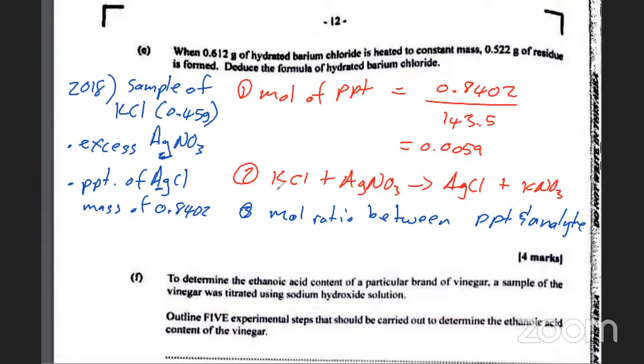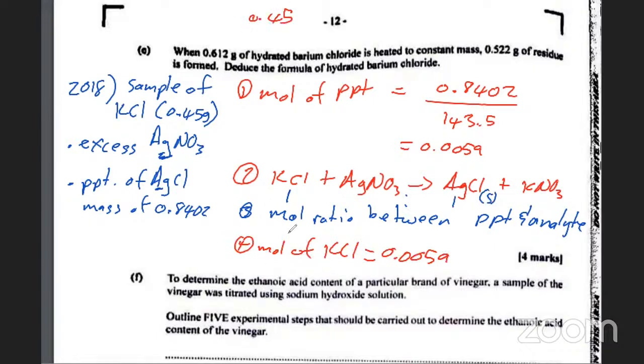In this case, you want the mole ratio between KCl and the precipitate of silver chloride. So it is 1-to-1, which means that the mole of KCl is 0.0059.